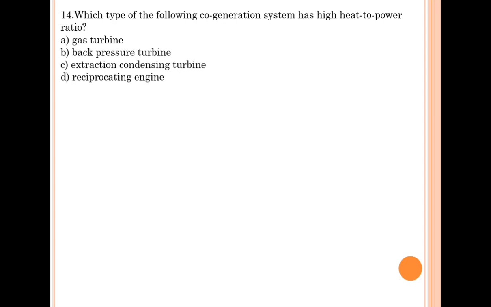Which type of following cogeneration system has high heat to power ratio? So extraction condensing turbine is having high power to heat ratio, and back pressure turbine is having high heat to power ratio. So here the answer should be option number B, that is back pressure turbine.